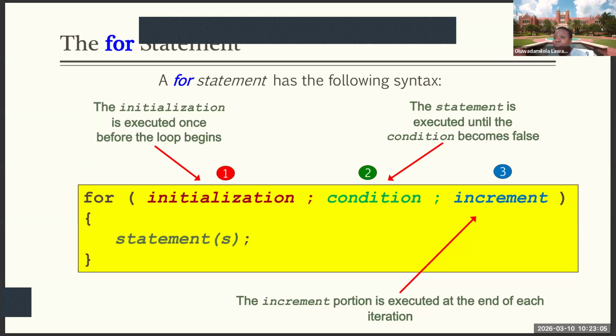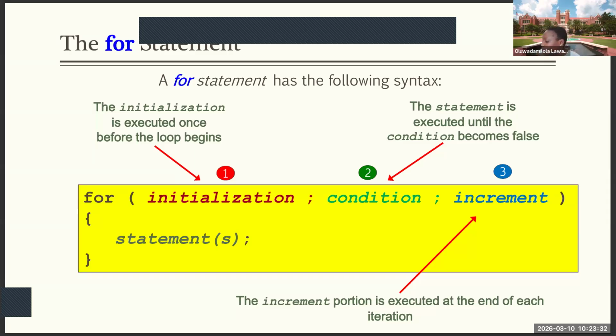We are certain, we are sure we have to loop an exact number of times. I'm printing hello world just 5 times because I'm greeting 5 people. You are sure this is the number of times you have to iterate, then we use the for loop.